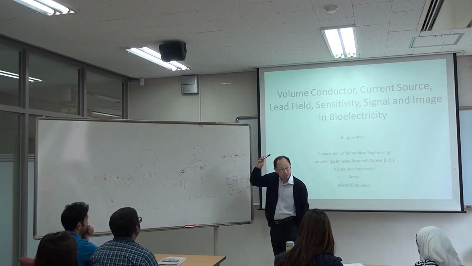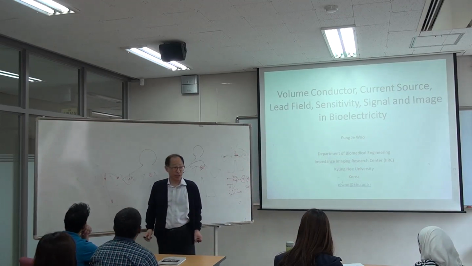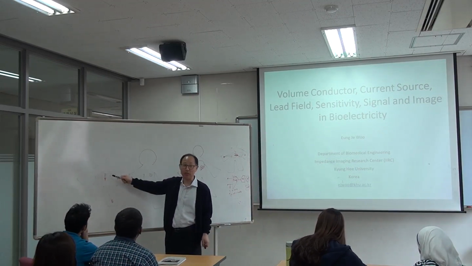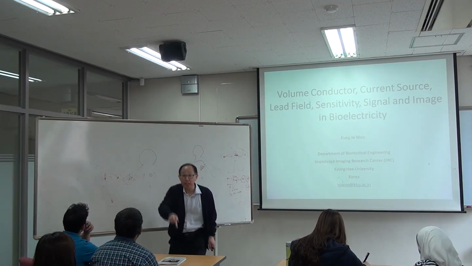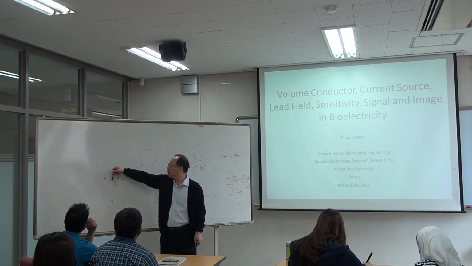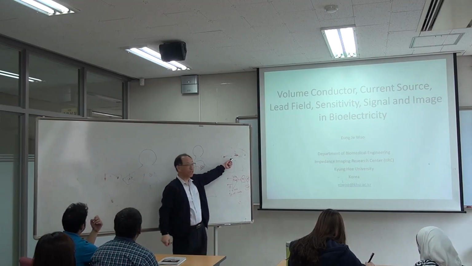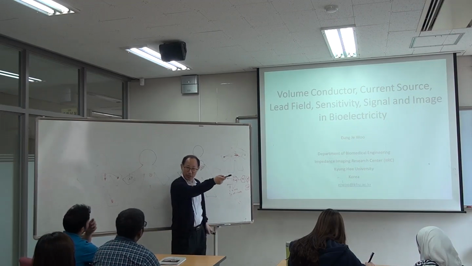So at a certain time moment, this electrode pair and this electrode pair will give you different signals. This electrode pair gives you the information about the vertical component of the equivalent dipole, and this one gives you the information about the horizontal component of the dipole.